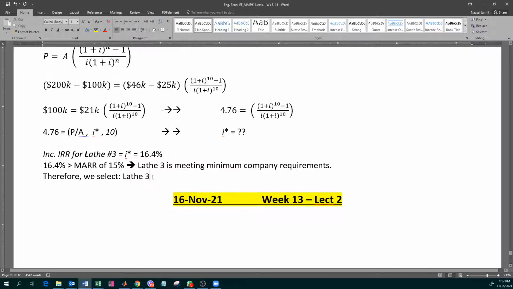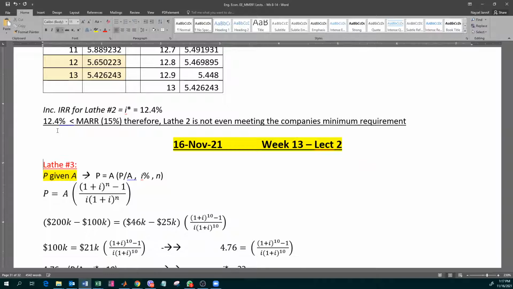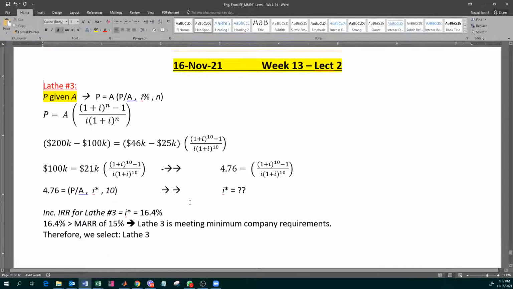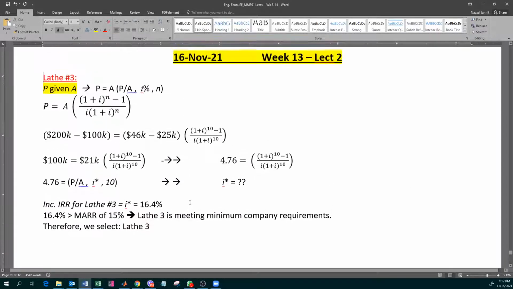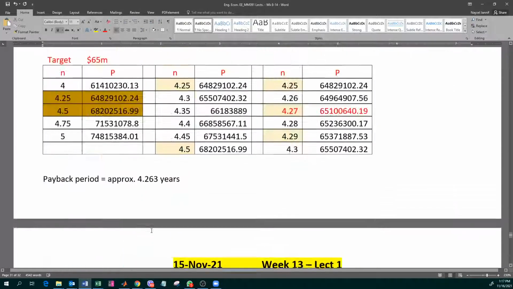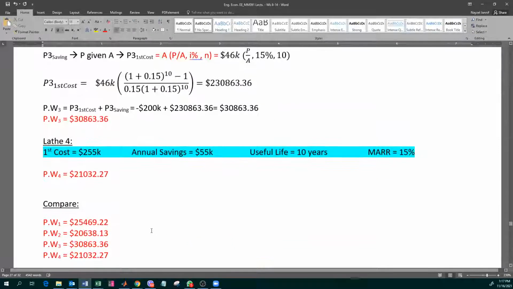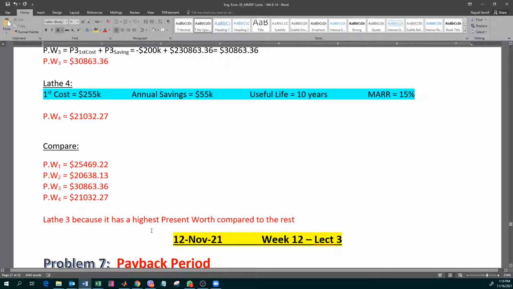So remember, in most of these comparison type problems, we have to make a final decision, like lathe number 3. If you look at our earlier problem, problem number 6, we had to choose lathe number 3, right? It had the highest present worth.